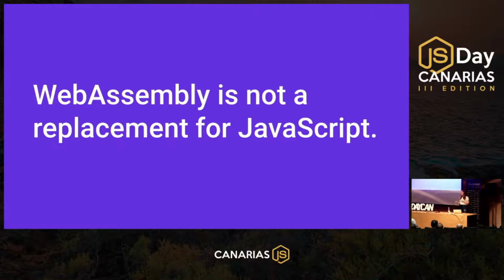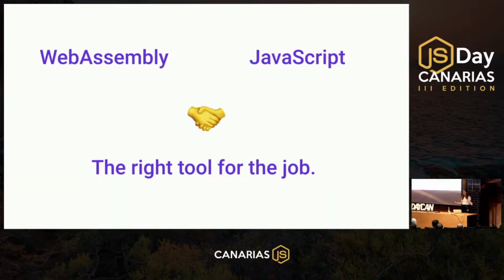Or if you have a performance bottleneck today in your apps that you just couldn't solve with JavaScript, now you can switch to some other language that's maybe better suited to that problem and compile it to WebAssembly. So this really comes down to using the right tool for the job.